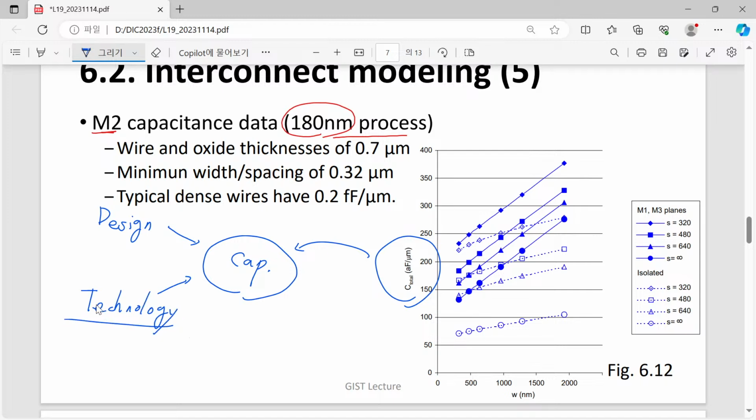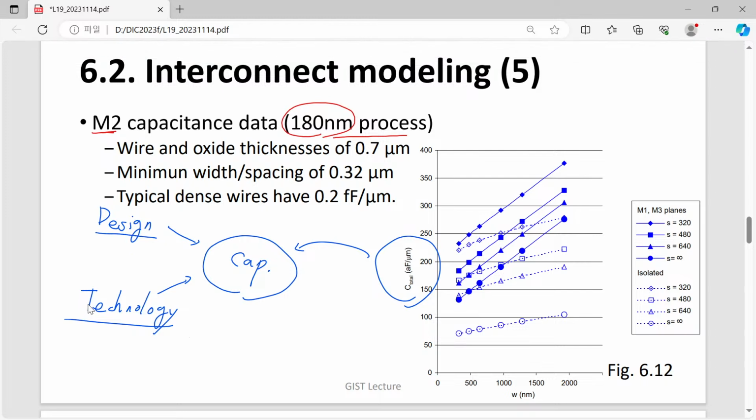I mean that even though we have the same design, if we order this same design from one fab and another fab, since their metal wire realization or fabrication can be different, they can give us different capacitance values. So we must consider these two things.